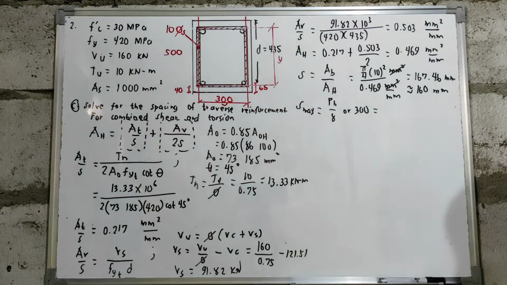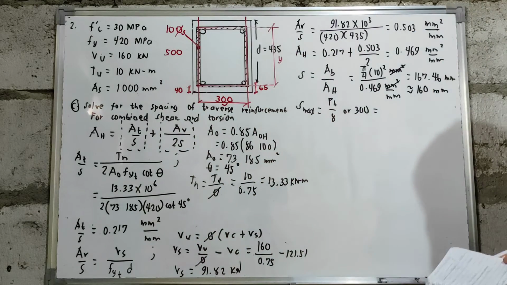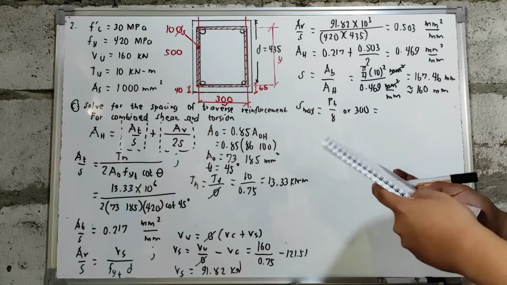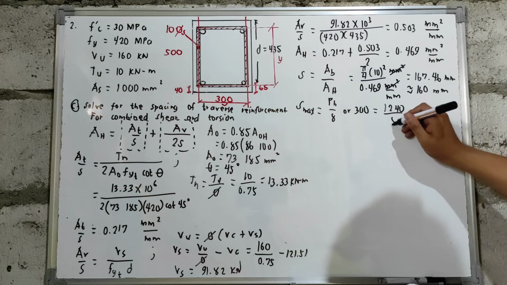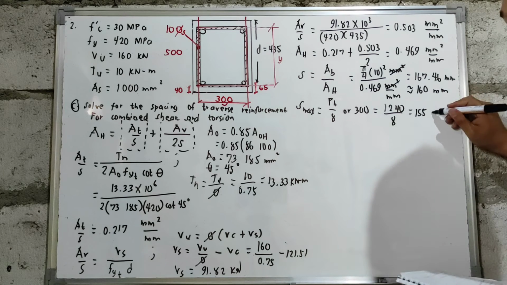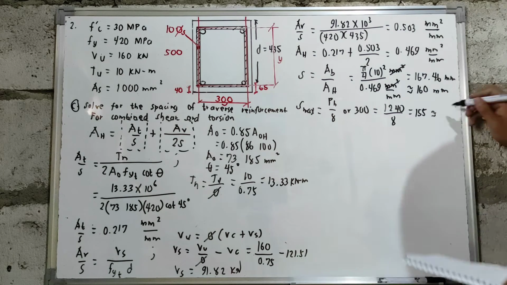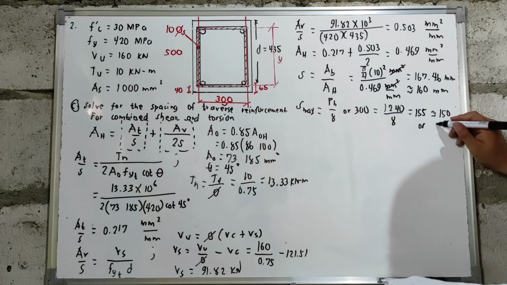You have a value of Ph, which is the perimeter from the center of your stirrups that we computed earlier. So, you have 1,240 as the value of Ph, divided by 8. So, you have a value of 155. We round that down to the nearest tens.